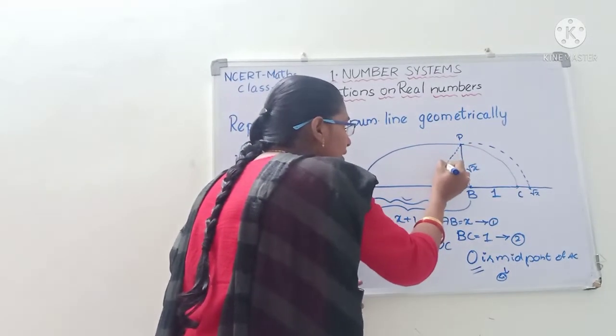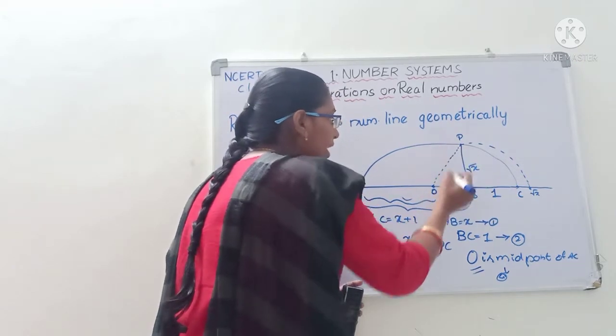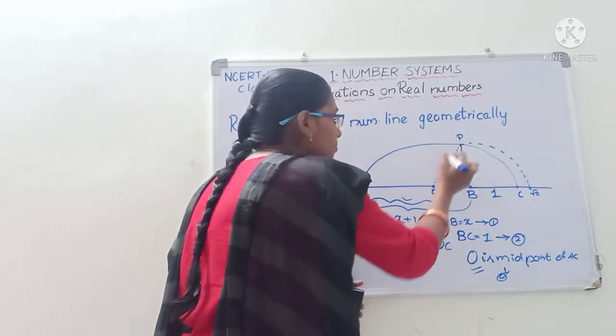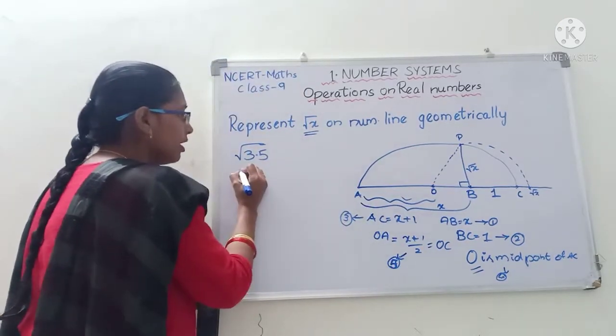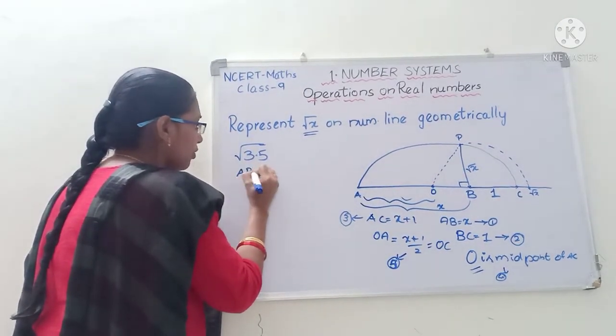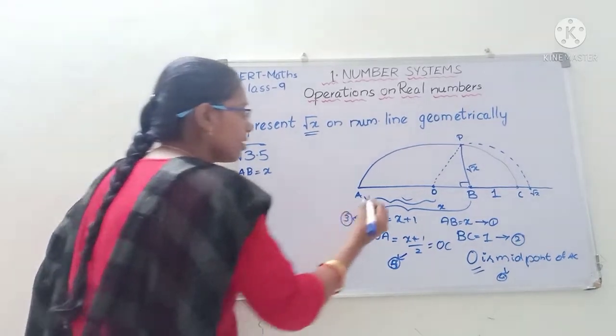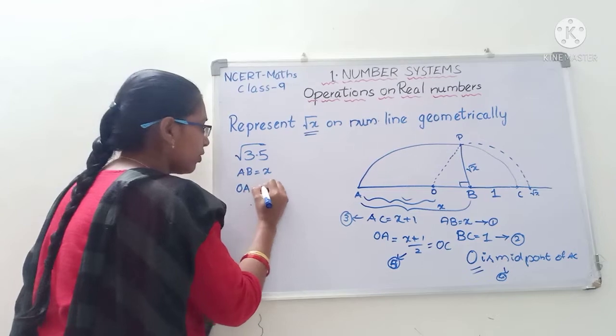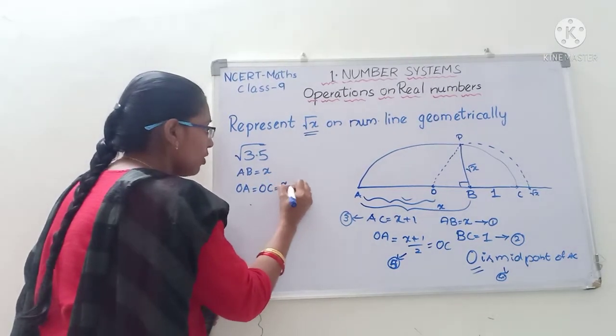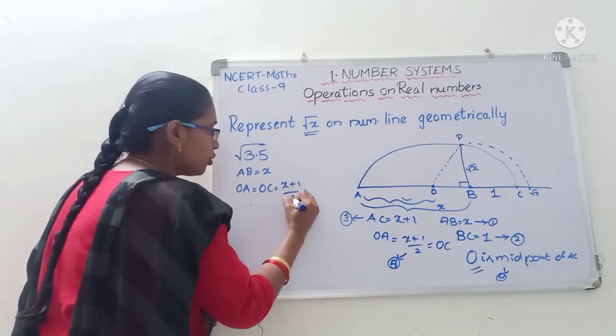Children, BP is the perpendicular line. So OBP will become a right angle triangle. Here AB is equal to x units and OA is equal to OC is equal to x plus 1 by 2.